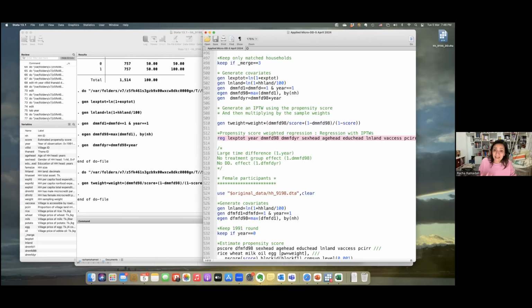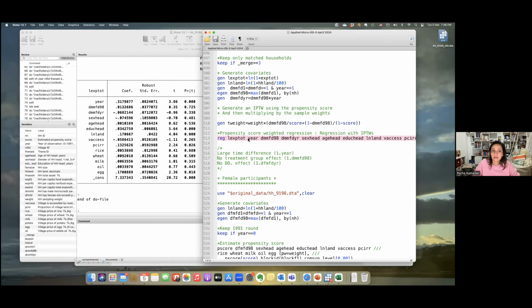Here, you get the benefit of the two techniques together, to be sure that you are controlling as much as you can for any characteristics, observable or non-observable, that do not change over time, so that when you conclude that the program has a significant or non-significant effect on your outcome, you control as much as you can for the selection bias. I hope I answered your question, and it's clear now why you are doing this.